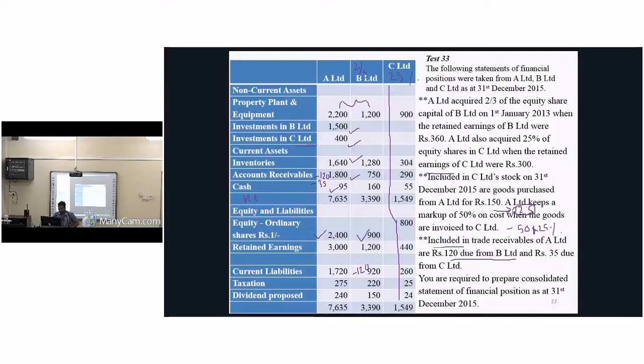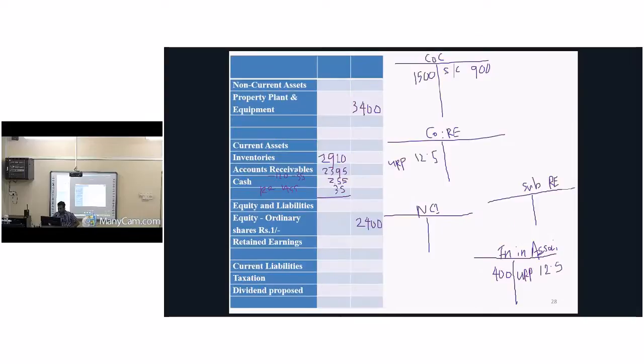Then retained earnings consolidated 3000 and other one is 1200. We know how to put it. Here 3000. Here 1000, subsidiaries 1200.